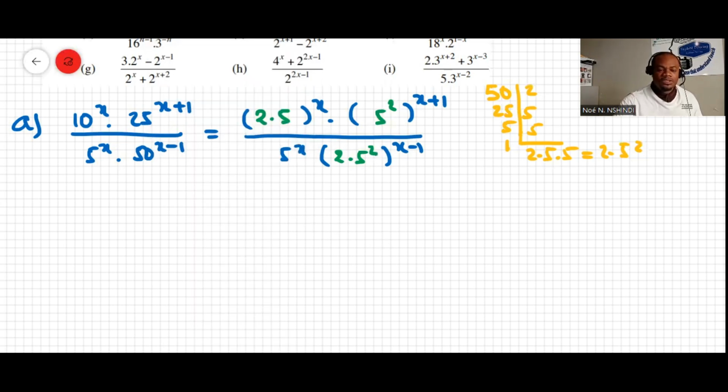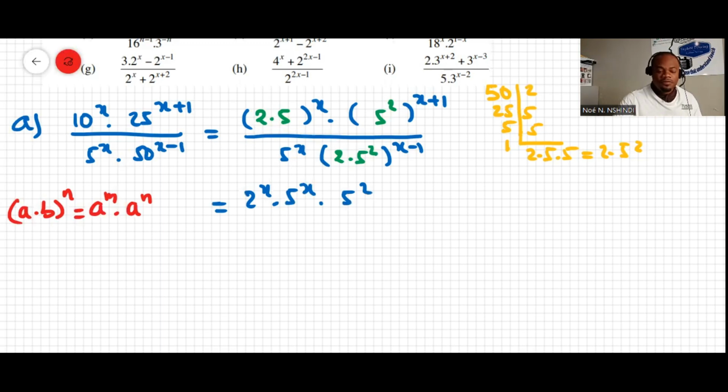Now we can simplify this. Remember the law of exponents says that (a times b) to the power of n is equal to a to the n multiplied by b to the n. This is the same law we're going to apply here. It's going to be 2 to the x multiplied by 5 to the x, multiplied by 5 to the 2.